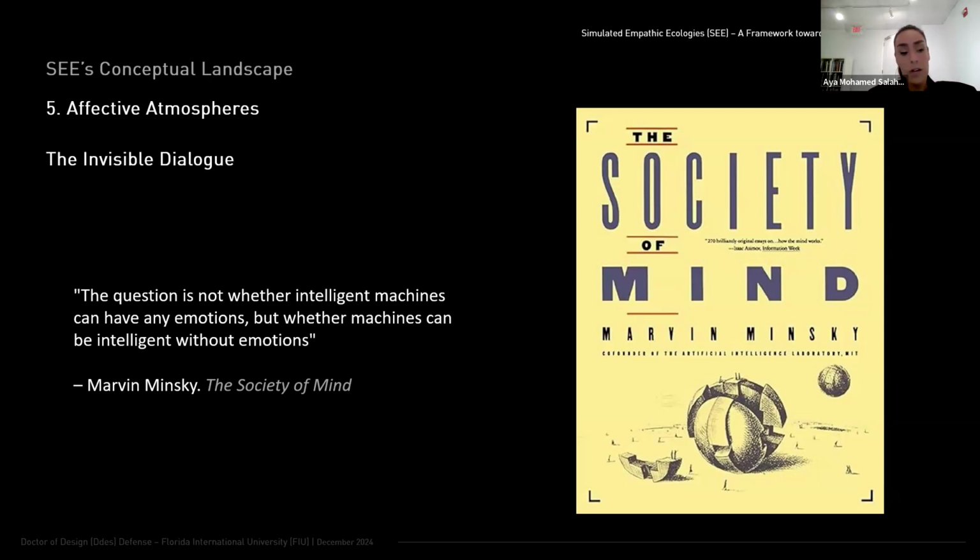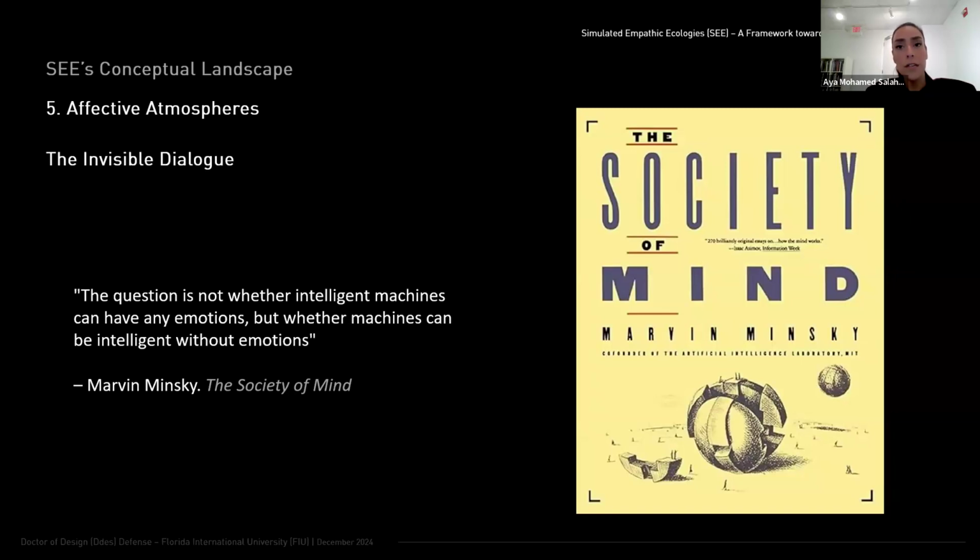And here we have a quote by Marvin Minsky from his book, The Society of Mind: "The question is not whether intelligent machines can have any emotions, but whether machines can be intelligent without emotions." So here it's taking the angle of, if our architecture is continuously gaining intelligence through material behavior and other embedded system intelligence, what are the different ways we can think about it?